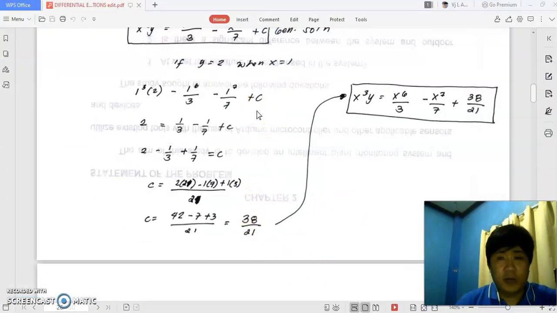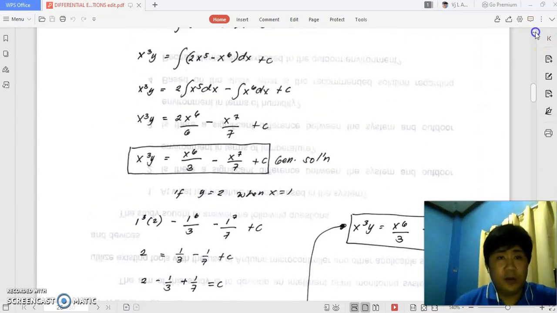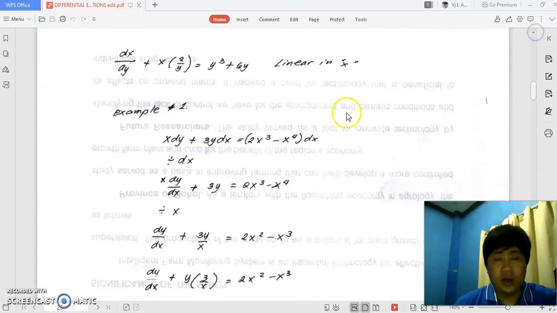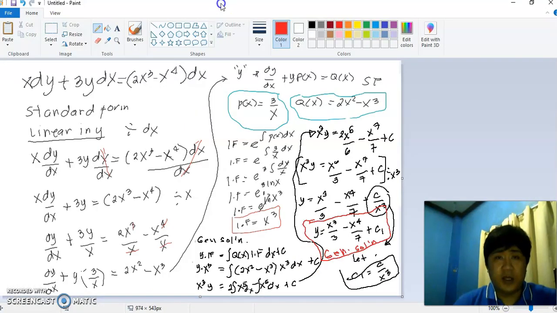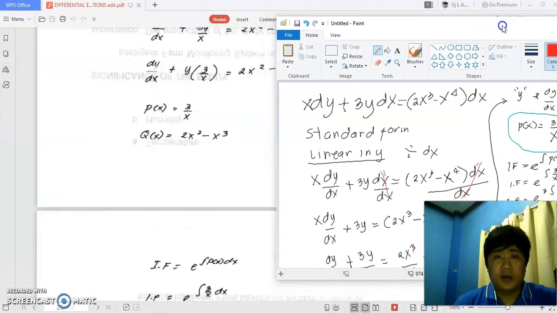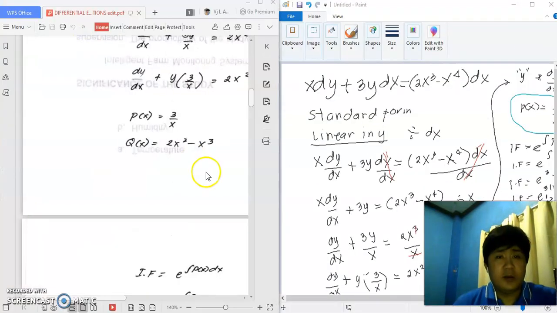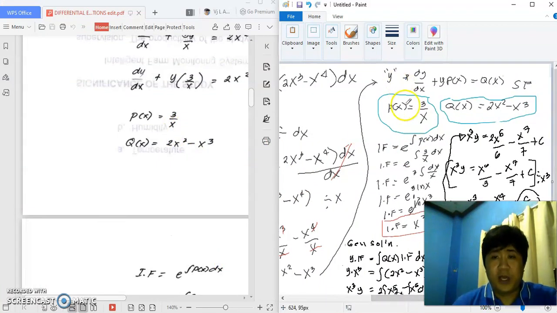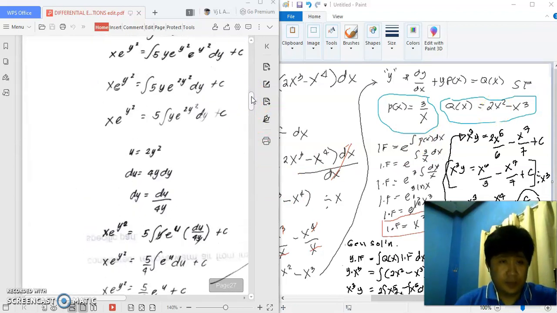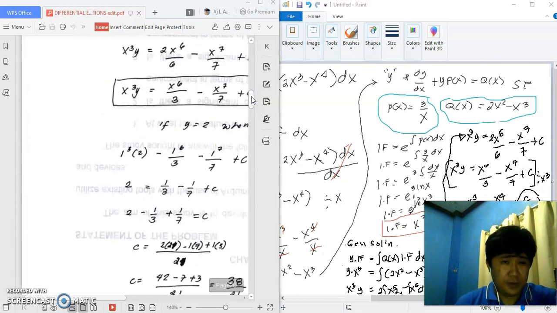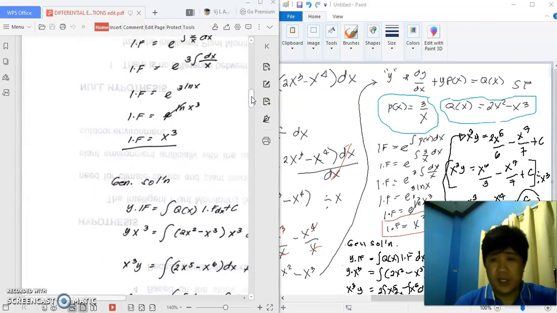If we look above, our p of x integrating factor is x raised to the power of 3, the same as what we did here, and our integrating factor is still x cubed.